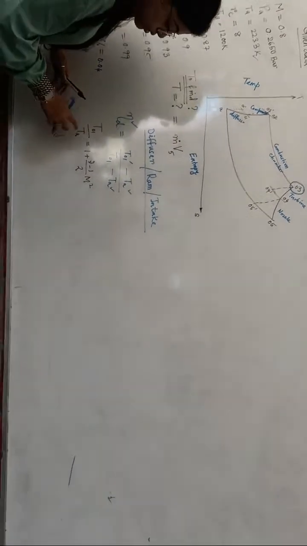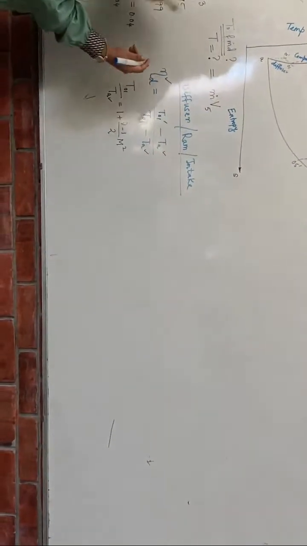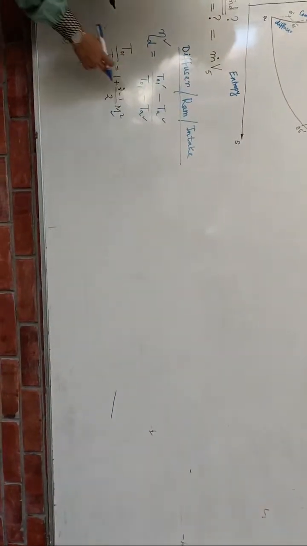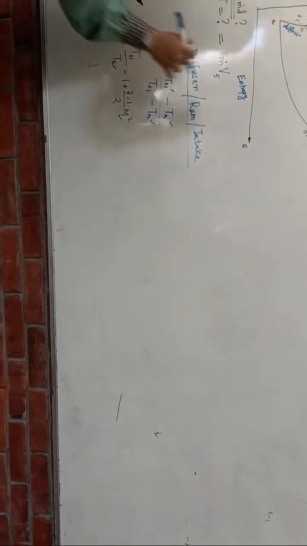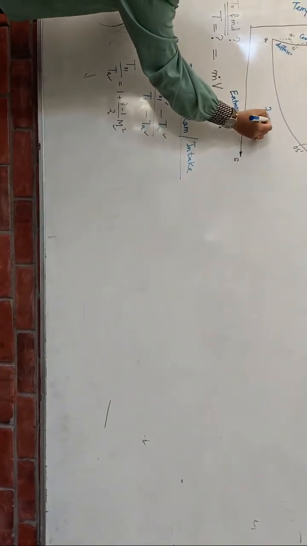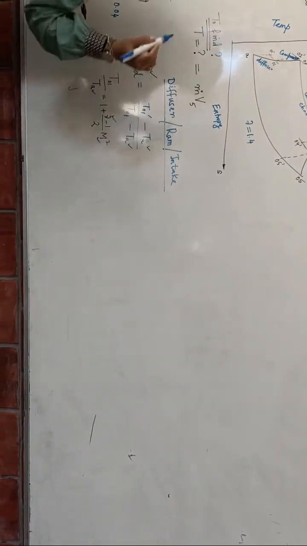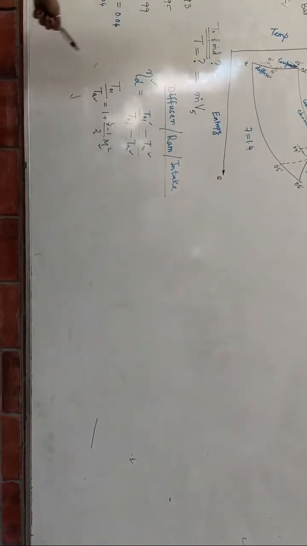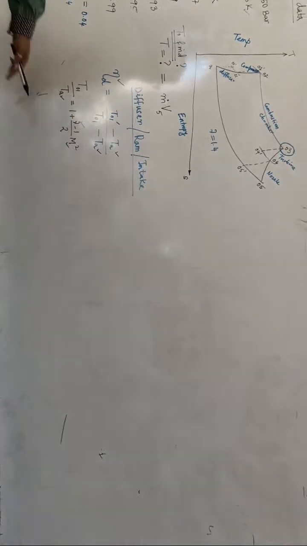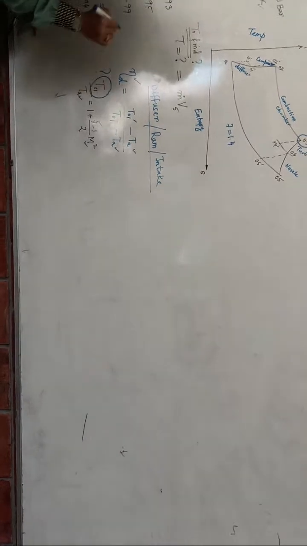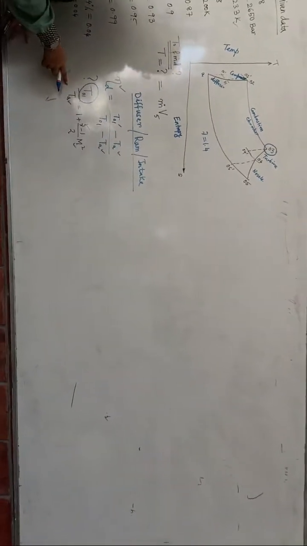TA is known from the data, the Mach number is also given, and gamma is not given, so we take gamma as a constant 1.4. What is the unknown factor? The unknown factor is T01.